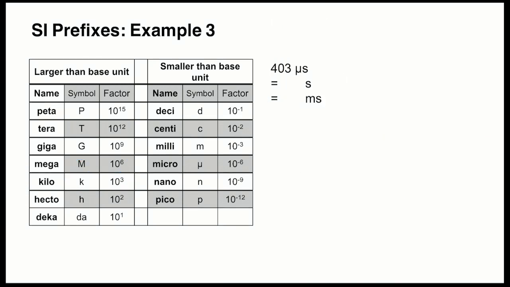Another example is we're going from microseconds to seconds. Right, so micro right here is 10 to the power of negative 6. Seconds is 10 to the power of 0 because it's the baseline. Milli is 10 to the power of negative 3.